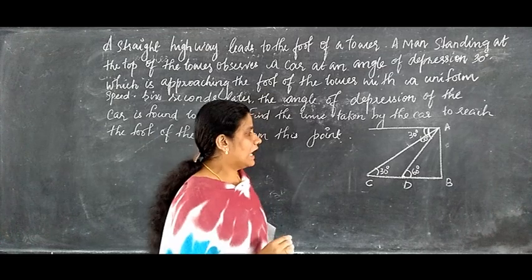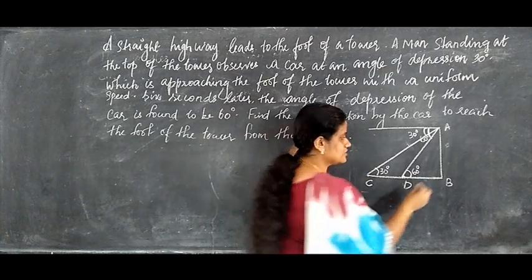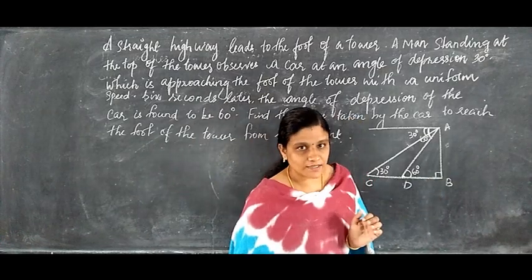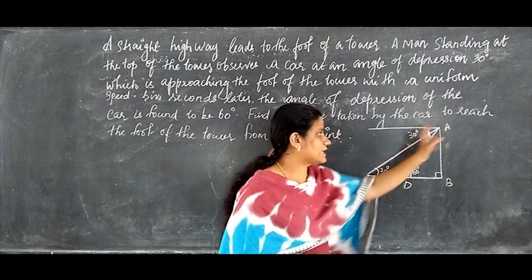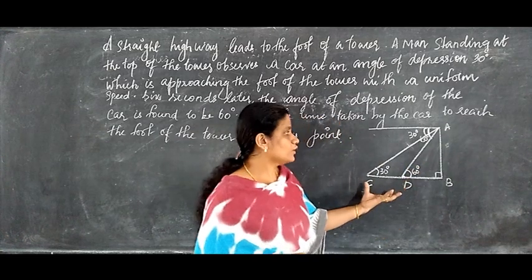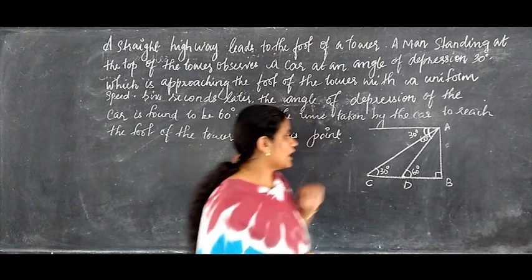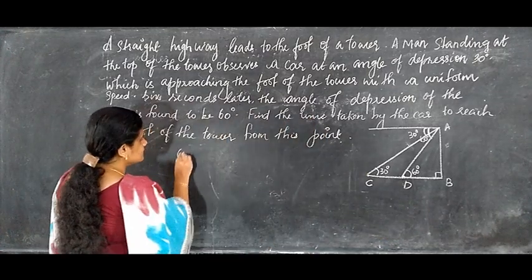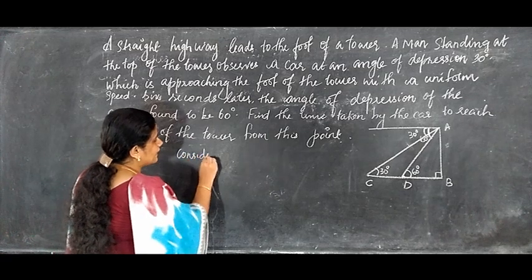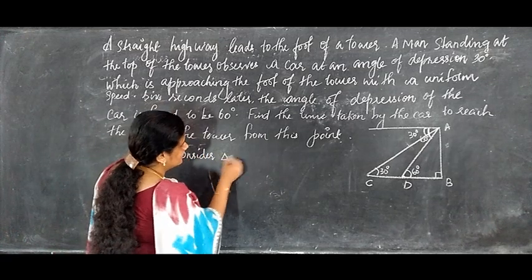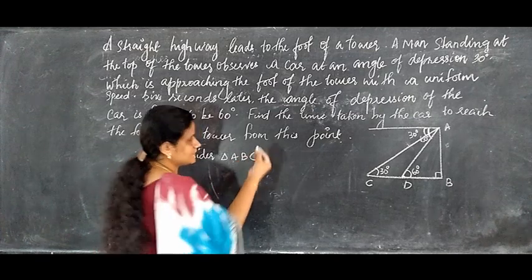Now, here we have two right angle triangles, ABC and ABD. We are going to consider these two angles and get the answer. Now, let us consider right triangle ABC.